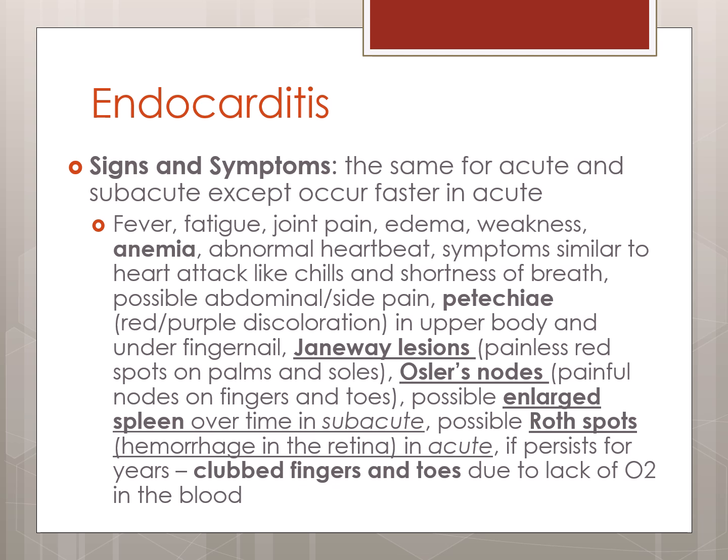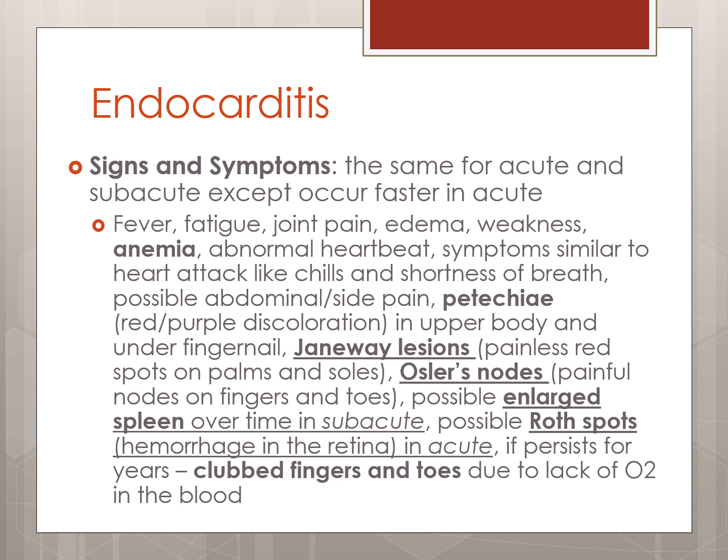That is going to be hemorrhaging in the retina. So you would have to look in the back of the eye and identify blood vessels that have exploded, essentially. And I do have some pictures of some Roth spots. And if endocarditis is persistent through the years, you might see clubbed fingers and toes.